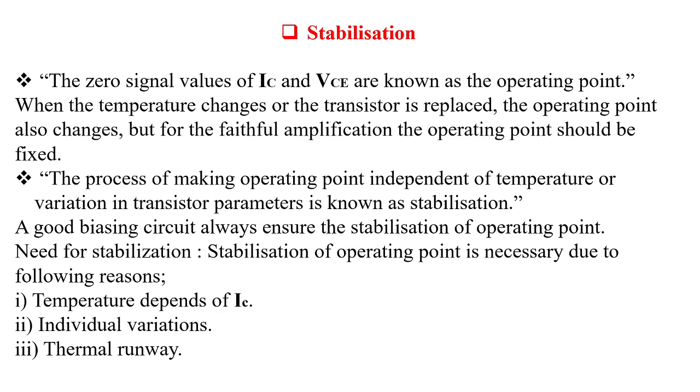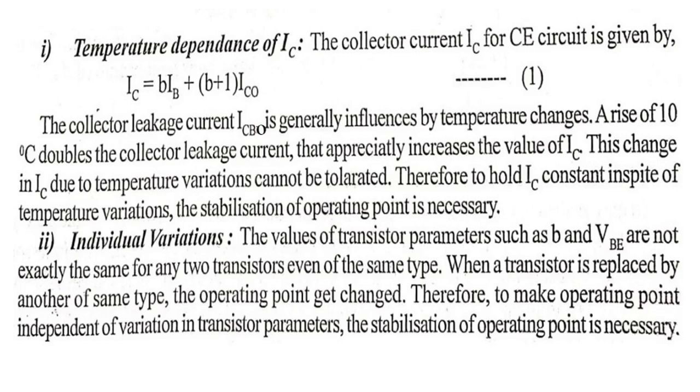Now see temperature dependence of IC. The collector current IC for a common emitter circuit is given by IC equals beta into IB plus (beta plus 1) ICO. The collector leakage current ICBO is generally influenced by temperature changes.